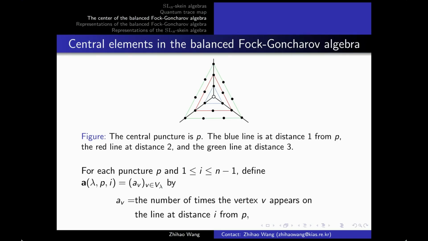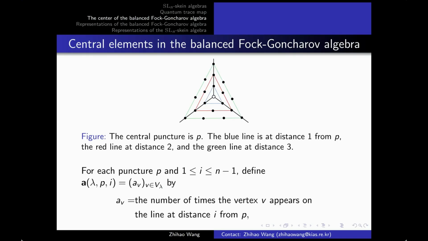If we do not allow self-folded triangulations, then this is not a good example. But anyway, there could be some repetitions among these vertices. It is possible that this one equals this one if we have more lines connecting to this vertex. So this is why we use the number of times v appears on this line. So it is possible that A_v is 2. I guess the maximum is 2.